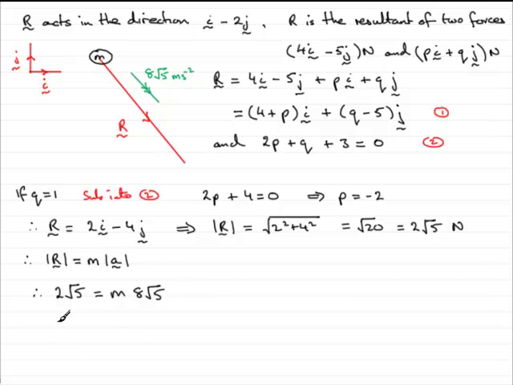So to get m, all I've got to do is divide 2√5 by 8√5. The root 5's cancel, you're left with 2 over 8, which is in fact a quarter. So m equals a quarter. Okay, so that brings us now to the end of the whole of this question.